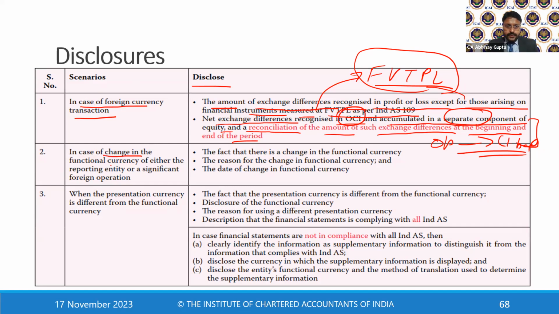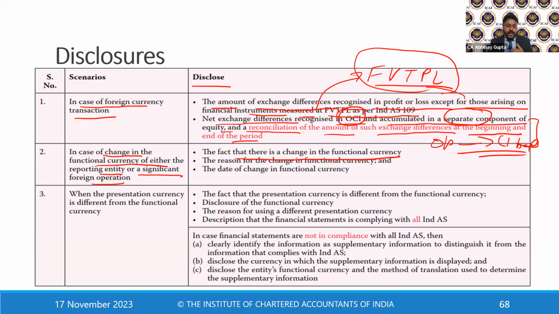In case of change in the functional currency of either the reporting entity, that is the parent company, or of a foreign operation, that is the subsidiary company or JV or associate sitting outside our domestic country, right? Now, what we need to disclose? The fact that there is a change in the functional currency.